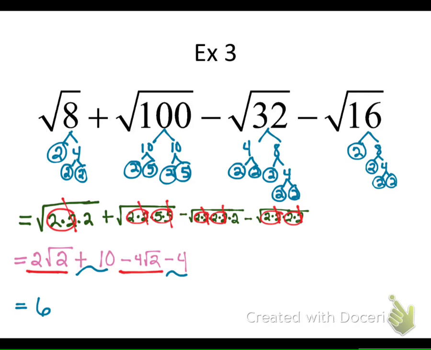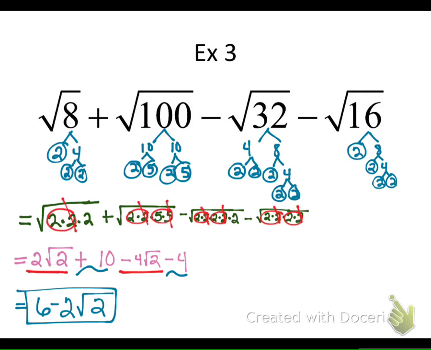Now remember, my radicand stays the same. So my radicand is going to stay a square root 2. Then I'm going to subtract my coefficients. So what's 2 minus 4? Negative 2. So my answer is going to be 6 minus 2 square root 2.